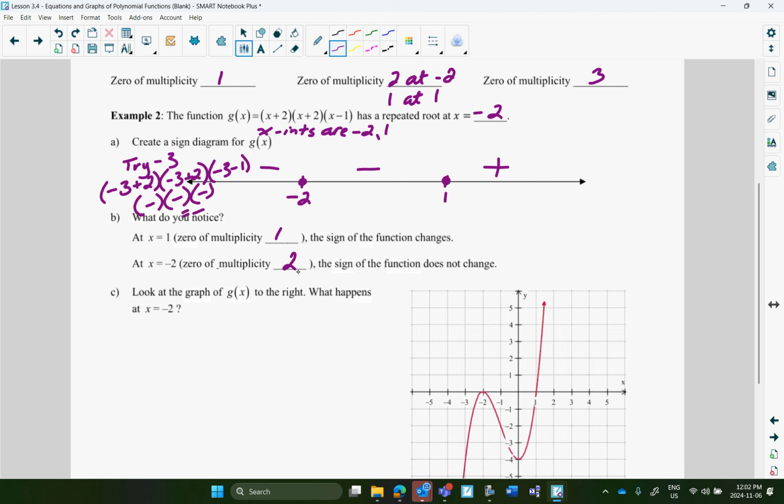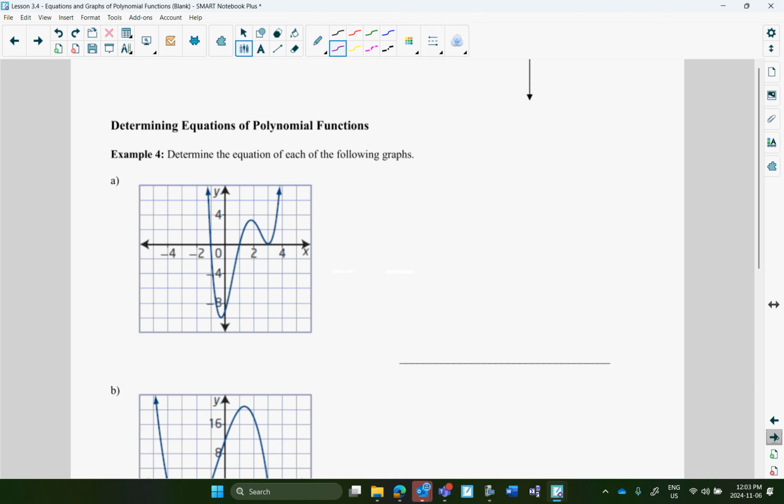And what happened there at x equals -2? It bounced back. Or stayed negative, bounced back. So we got to be careful when we see those. But here's a question that you're going to have to be able to do, one like this.